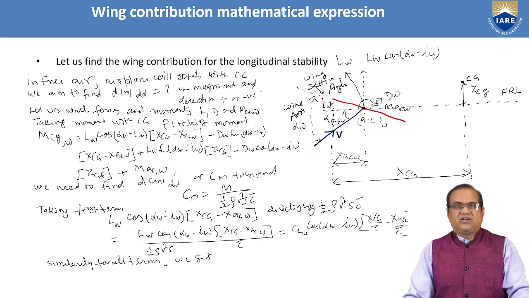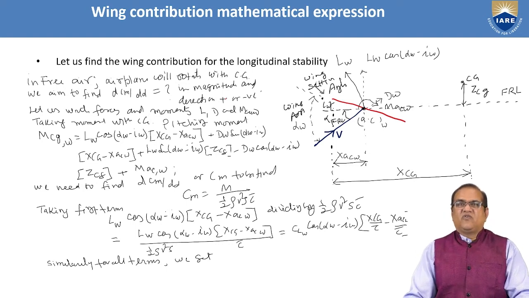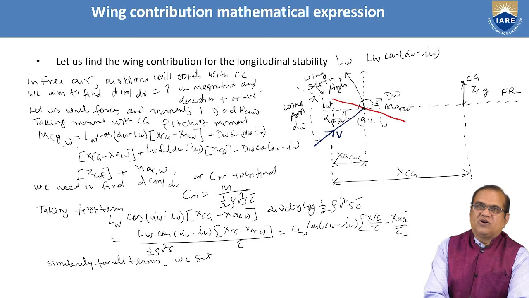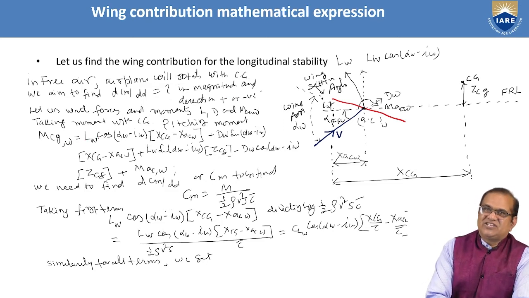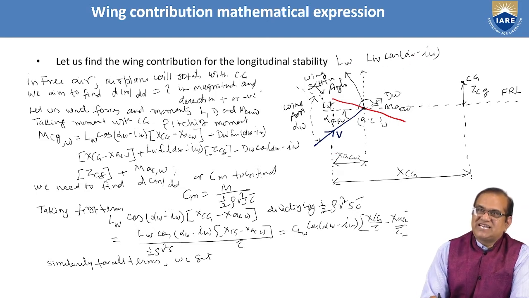Let us write the forces and moments L and D and M, taking moment with respect to the center of gravity. So now the pitching moment M_CGW is equal to, very good, just see, first we will see the horizontal and then the vertical moments. So here L_W cos(alpha_W minus i_W) into the distance from here to here, because we are taking moments with respect to the center of gravity.